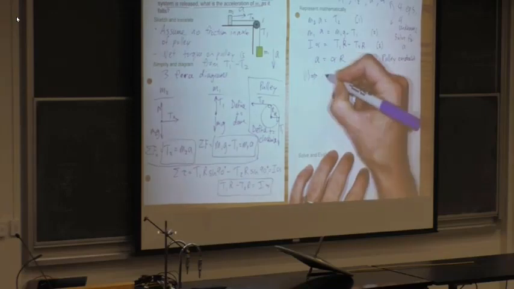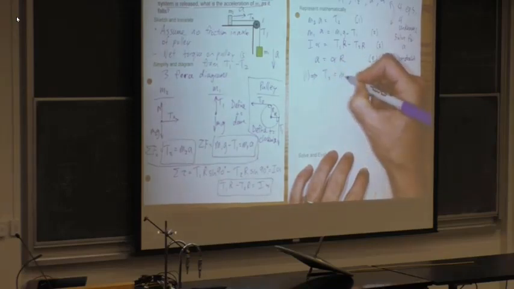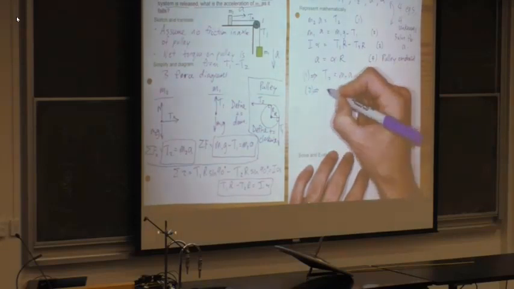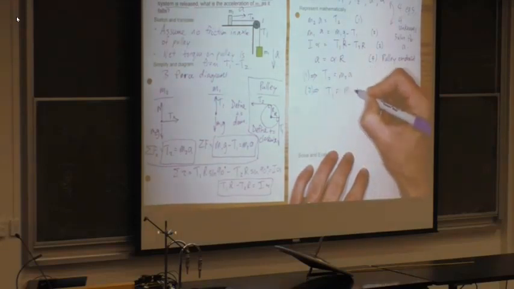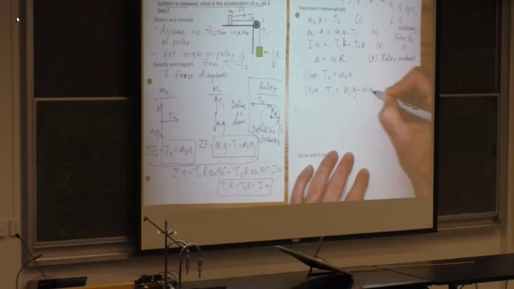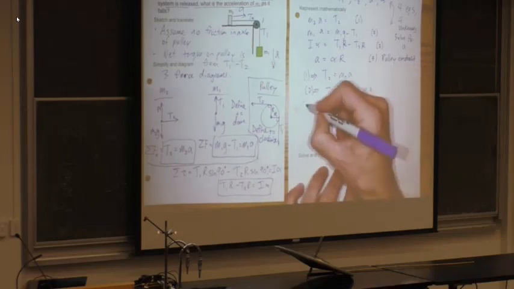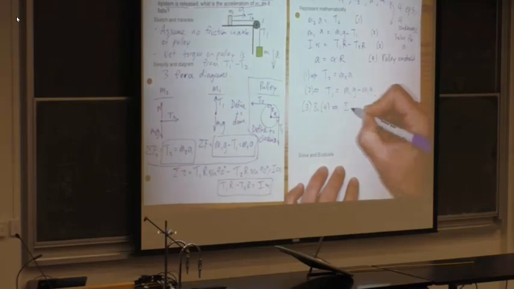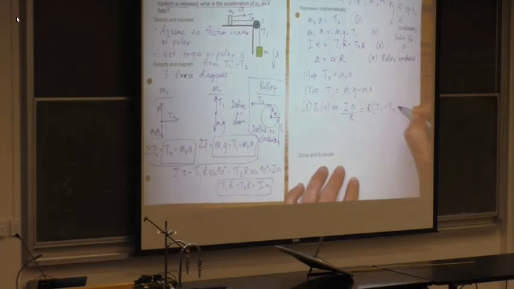So 1 implies that T2 is equal to M2 times A. Equation 2 implies that T1 is equal to M1G minus M1A. And if you combine equations 3 and 4, I get that I times A divided by R is equal to R times T1 minus T2.